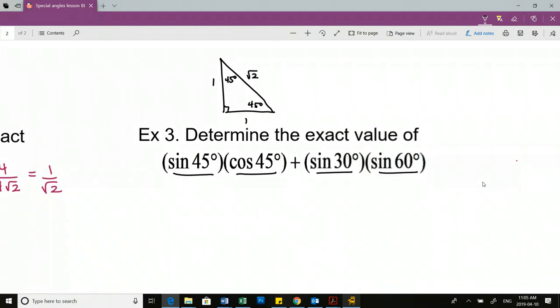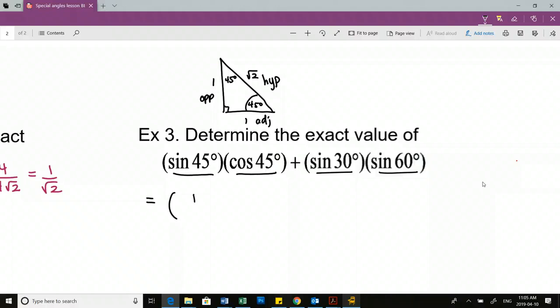So remember, this is like a memorize thing. We want to know these triangles. And I would be saying, okay, if I use 45 as my reference, this is opposite, adjacent, and hypotenuse. And then I would say to myself, okay, what is the sine of 45? Well, if sine uses opposite over hypotenuse, the sine of 45 is equal to 1 over root 2.